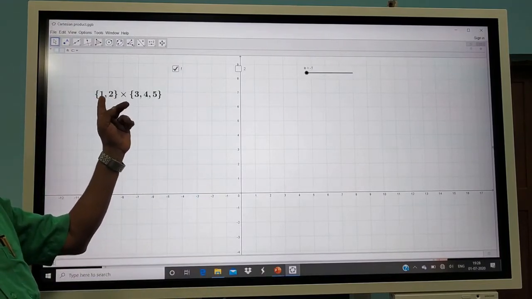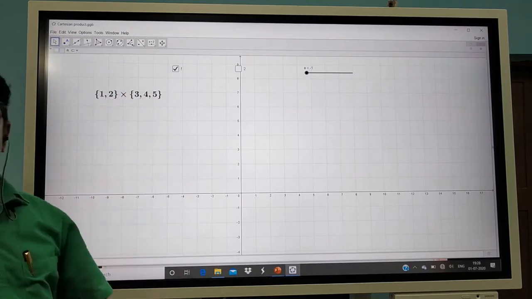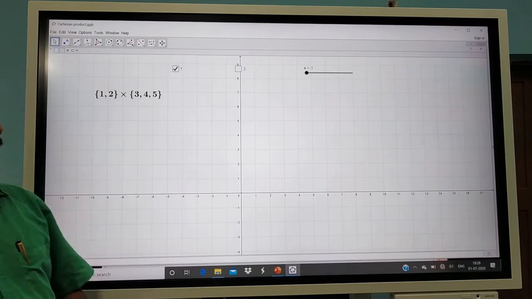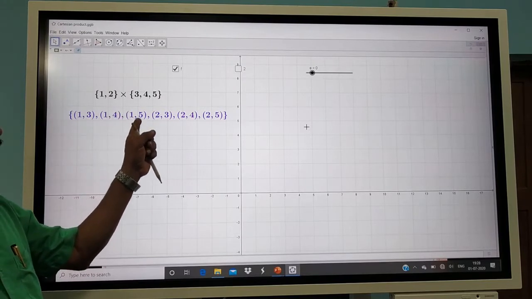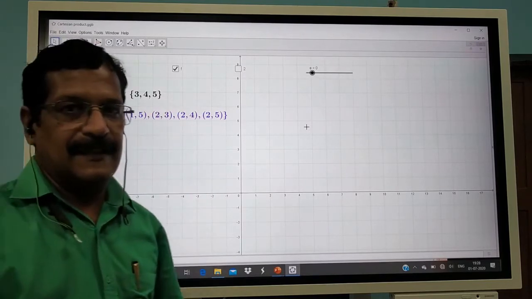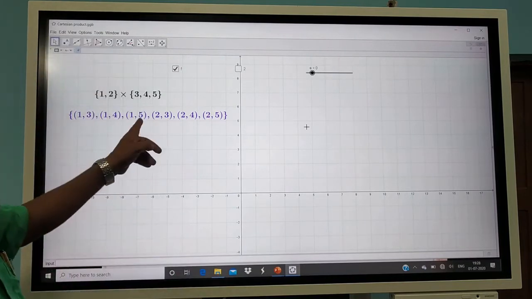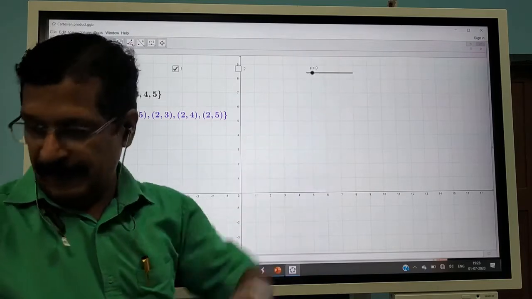Let us have one example. The Cartesian product of the set {1, 2} and the set {3, 4, 5} is (1, 3), (1, 4), (1, 5), (2, 3), (2, 4), (2, 5). That's it. Now, these ordered pairs can be plotted in this plane.